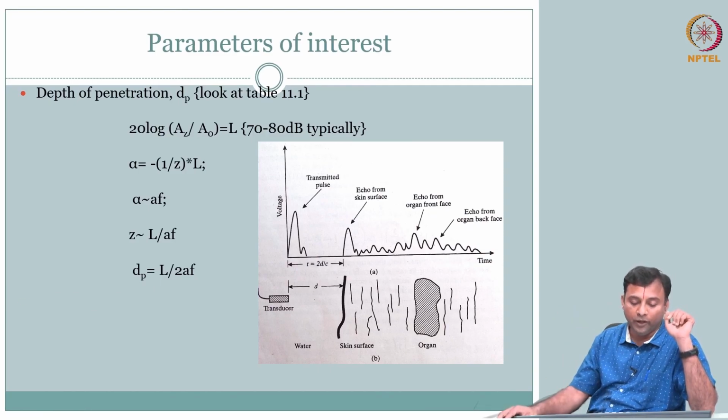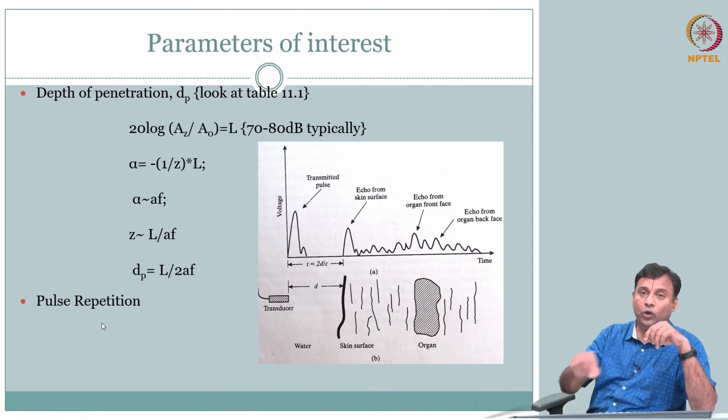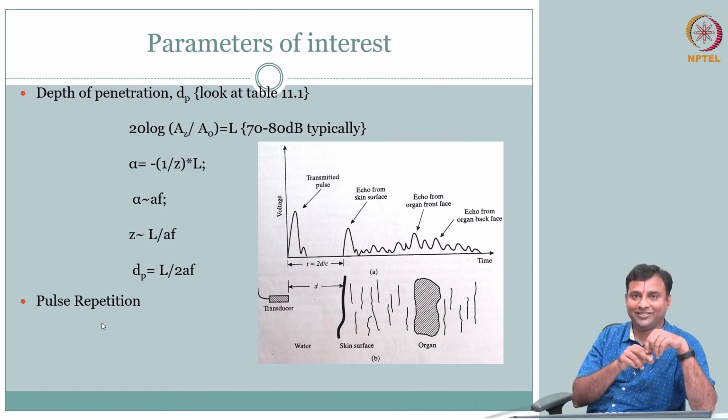So that means you have what is called pulse repetition. When do you want to repeat the pulse? When do you want to send the next pulse out? This is important, because now I said this is at one location, I want to move to do the scanning. So I need to know how long should I listen in one location before I move to my next location, and therefore, pulse repetition is important.